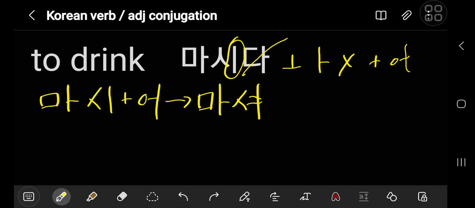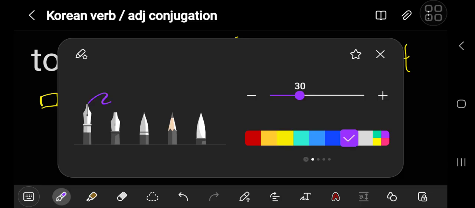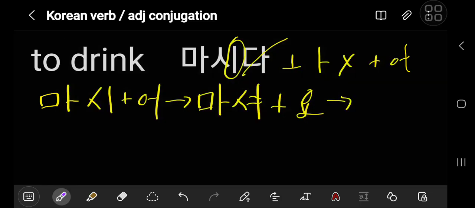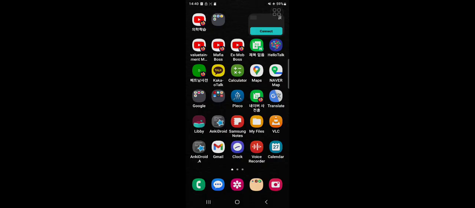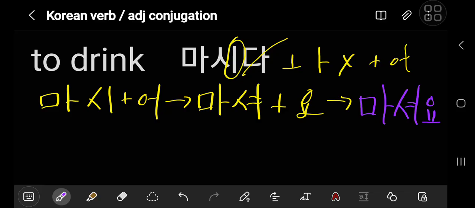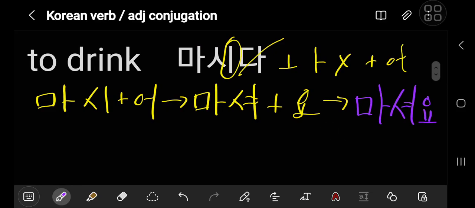Now, this plus formality. Yo. So our present tense, what do we got for our present tense? Drink. If I want to tell my friend, maybe not a friend, maybe someone I know who I want to be a little bit polite to, 마셔요. So drink this.